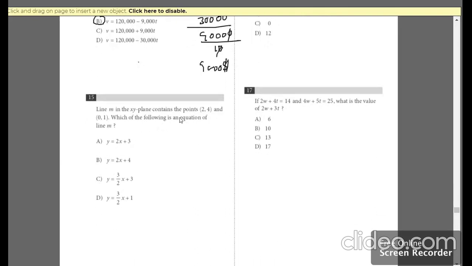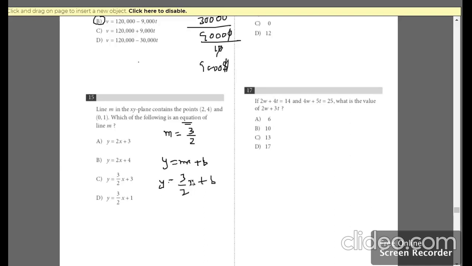The line M in the xy plane contains the 2 points. It means there is a linear relationship, and we need to work out the slope for an equation. We know y is equal to mx plus b. In order to get the constant rate, the rise over run, the difference of y, that is 4 minus 1, which is 3, over the difference of x, 2 minus 0, which is 2, so we get 3 by 2 x plus b.